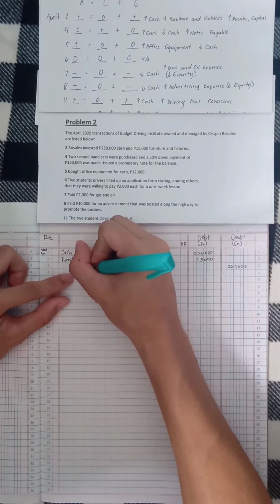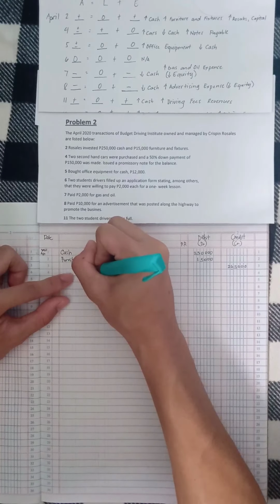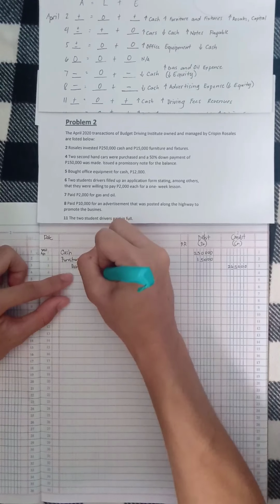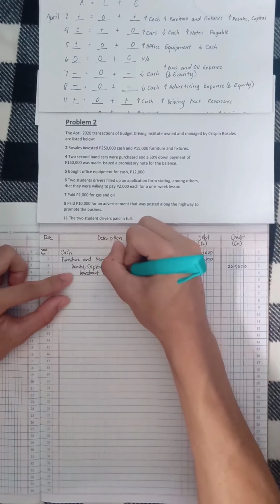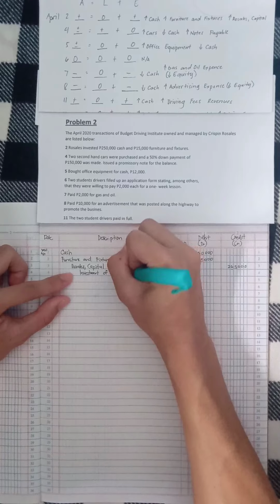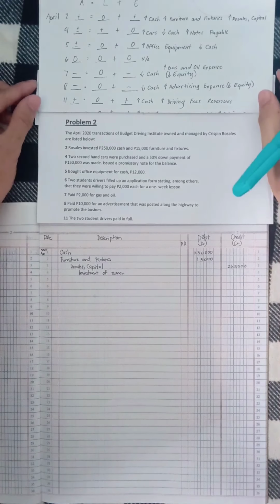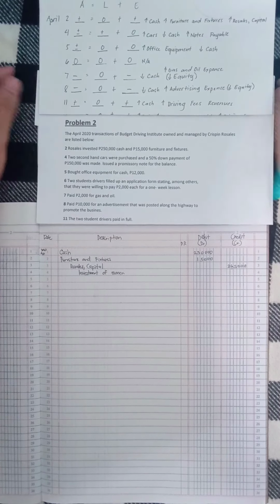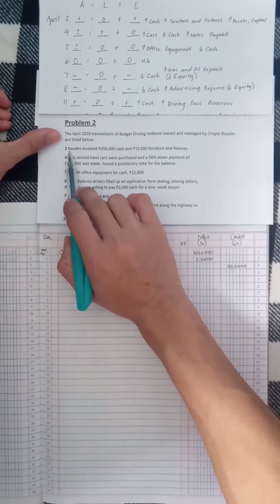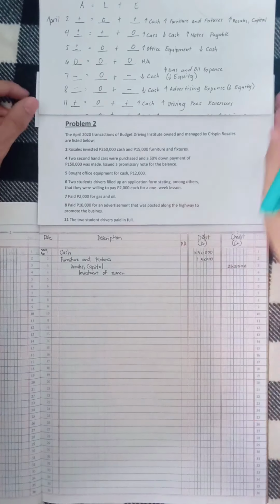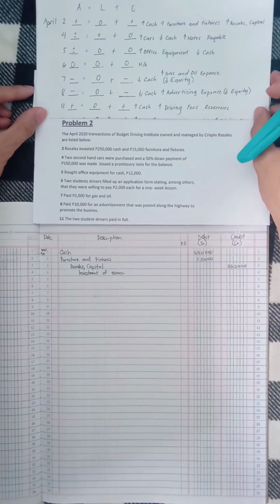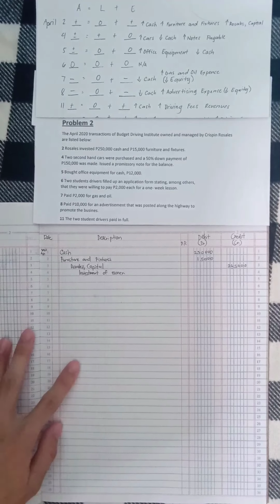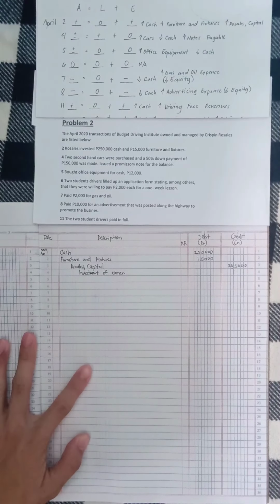Explanation natin sa ating first transaction, investment of owner. Sa pag-explanation ng ating every transaction, pwede din kayong kumuha sa ating mismong problem o nasa sa inyo rin kung paano nyo gagawa ng explanation ng every transaction.